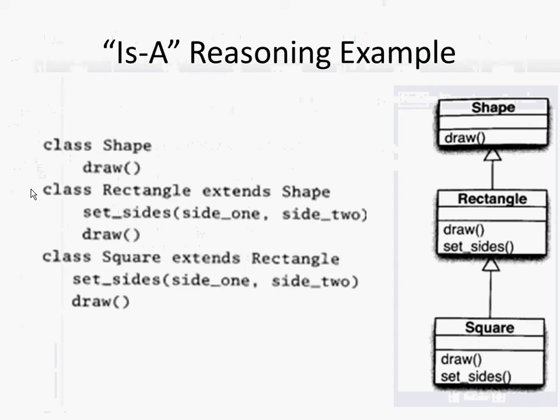What I want to note here is this very specific thing: in this particular implementation, we have a set sides operator, which sets the values of the sides. Rectangle has it, and square does as well. Is this a legitimate subtype of that?